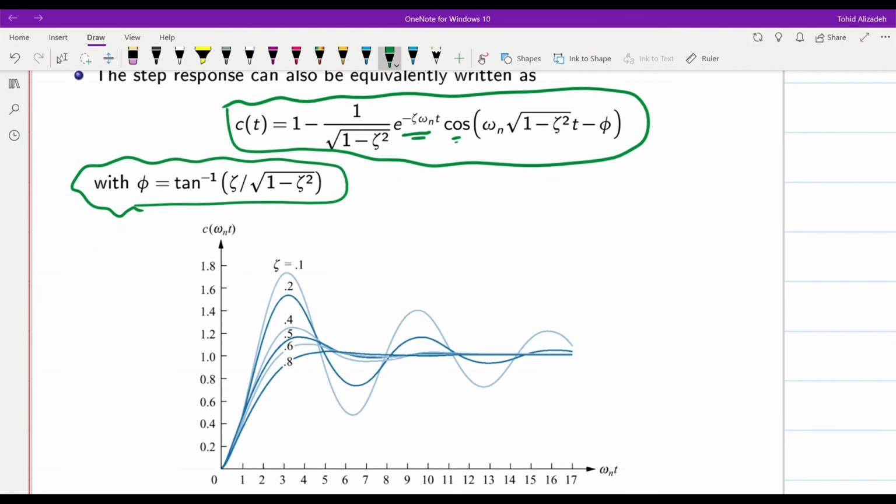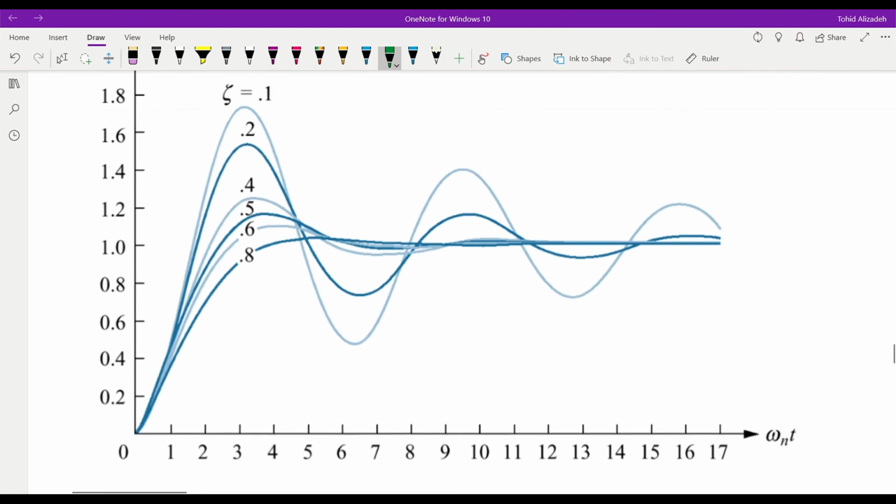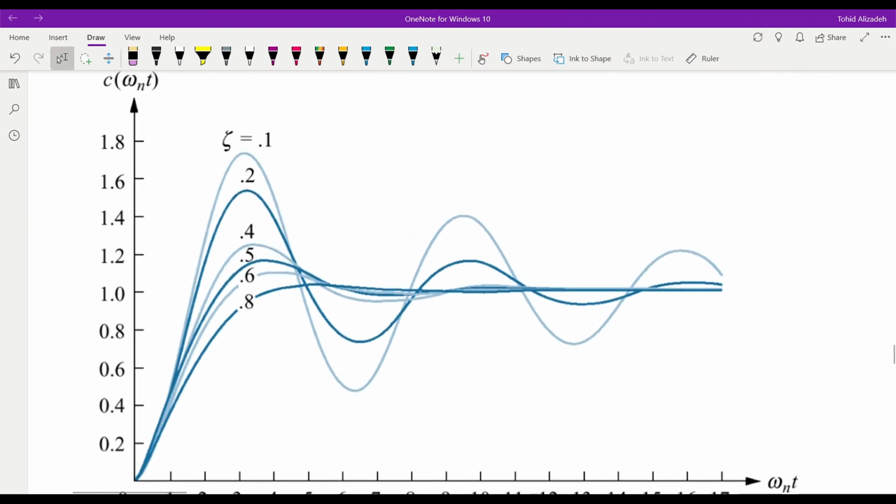Here we have several graphs which are drawn depending on the value of zeta. Here zeta is equal to 0.1, then 0.2, 0.4, 0.5, 0.6, 0.8, and so on and so forth. You can see that as zeta becomes smaller and smaller, the amount of the oscillations increases, the amplitude that we have for the oscillation.